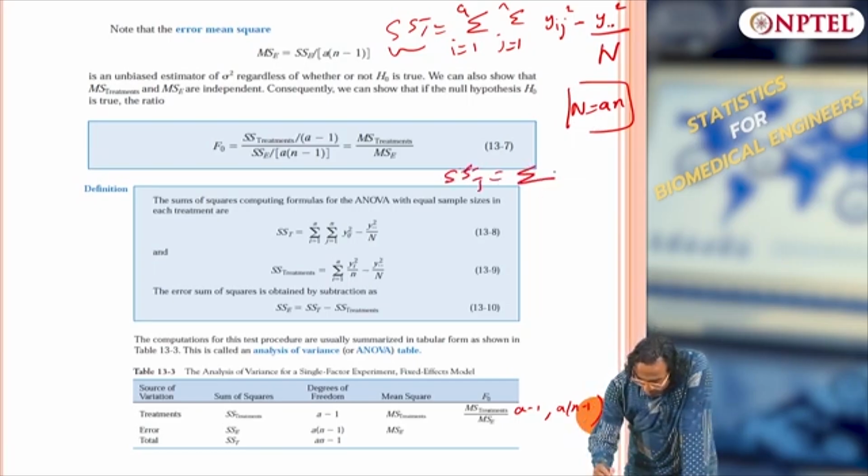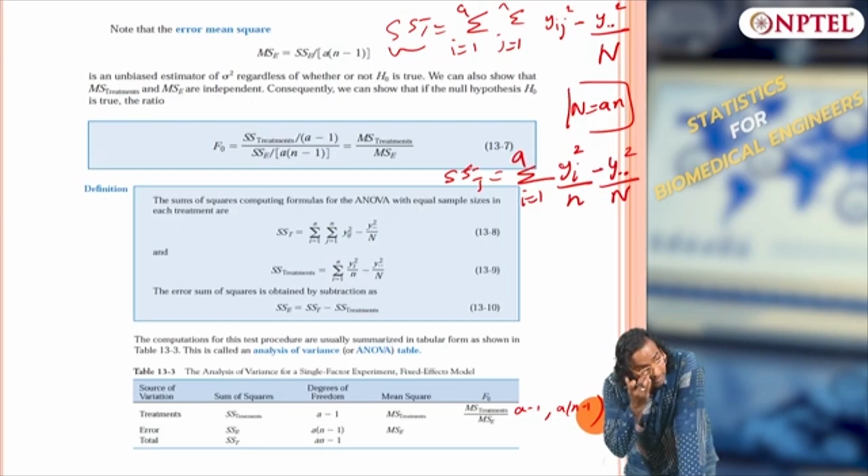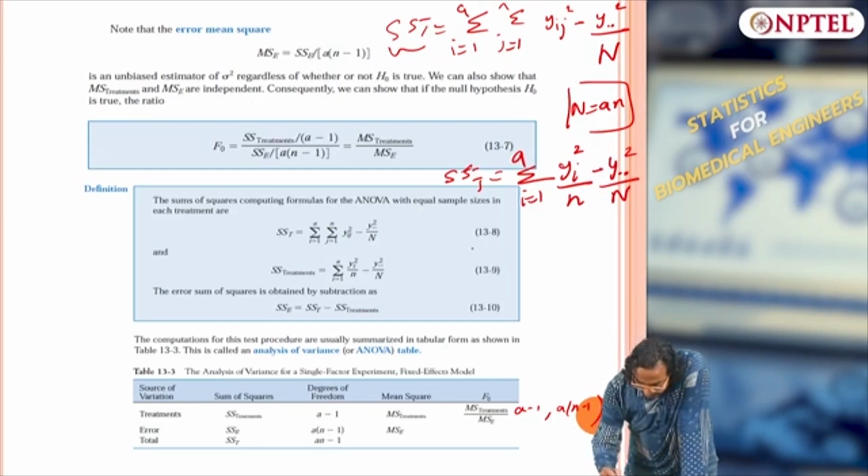It is the treatment variation for i equals 1 to A, minus the grand mean term. And sum square error is nothing but sum square total minus sum square treatment.